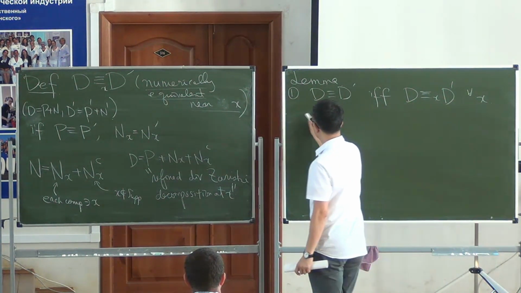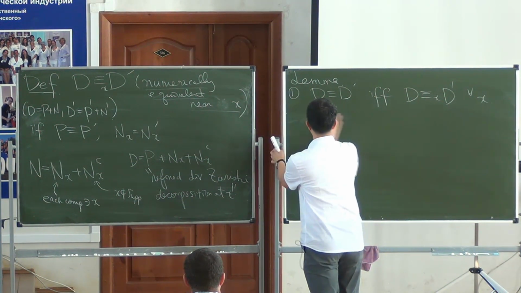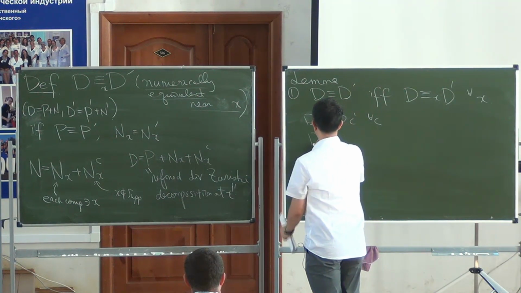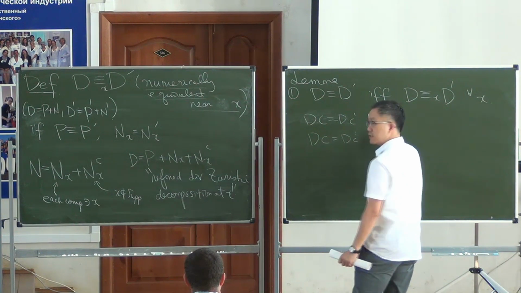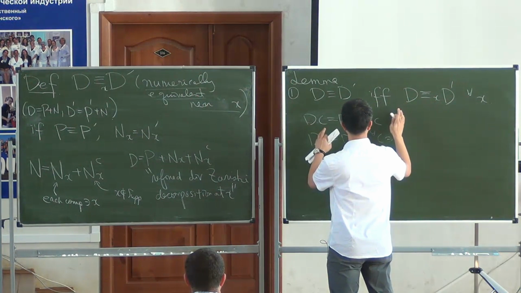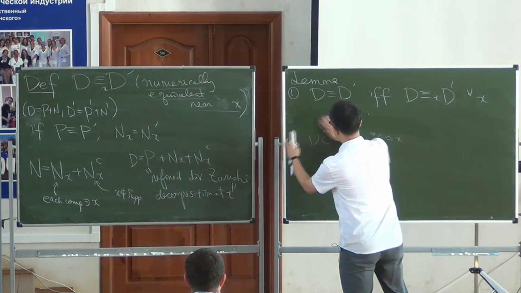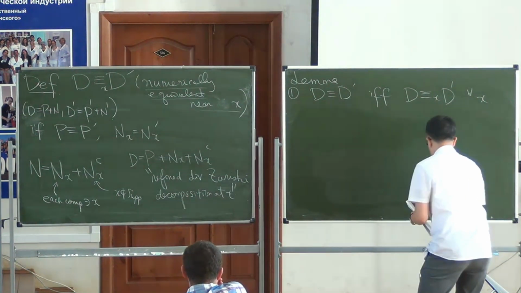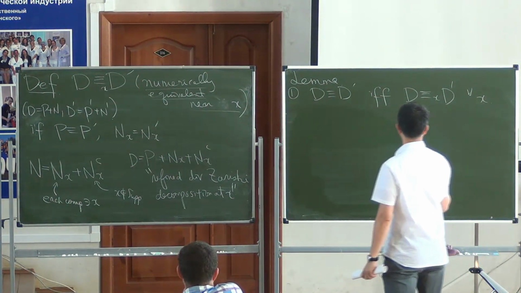So yesterday I explained the relation for any C, and for any C containing X. They define the same numerical equivalence, but this is different. So I explained this was a wrong guess, and this is the right notion, I think.